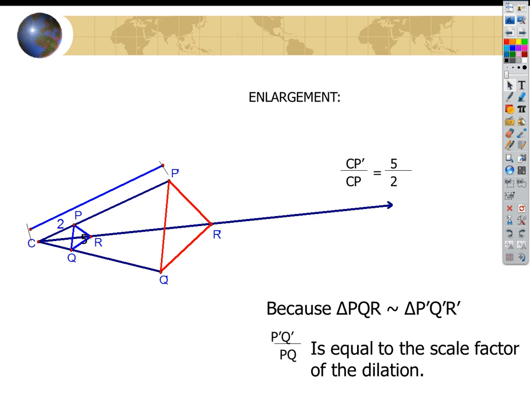Okay, that's an enlargement. And for some reason it doesn't have the 5 on there, but there it is. So the final distance is 5, the initial distance is 2. So the scale factor has got to be 5/2 or 2.5. Right? Make sense? I think we're good. Okay. 209. Have a long night.